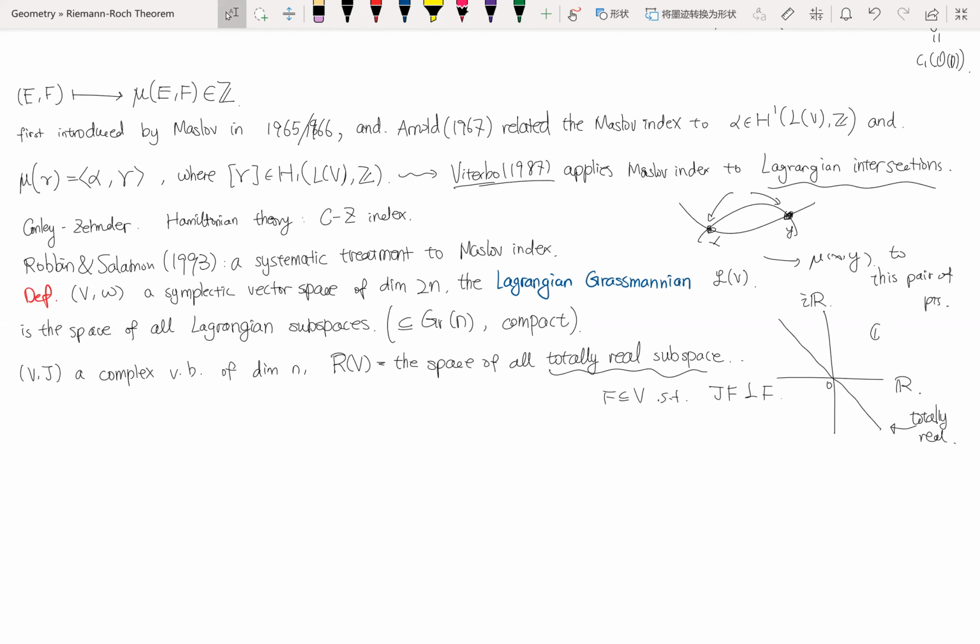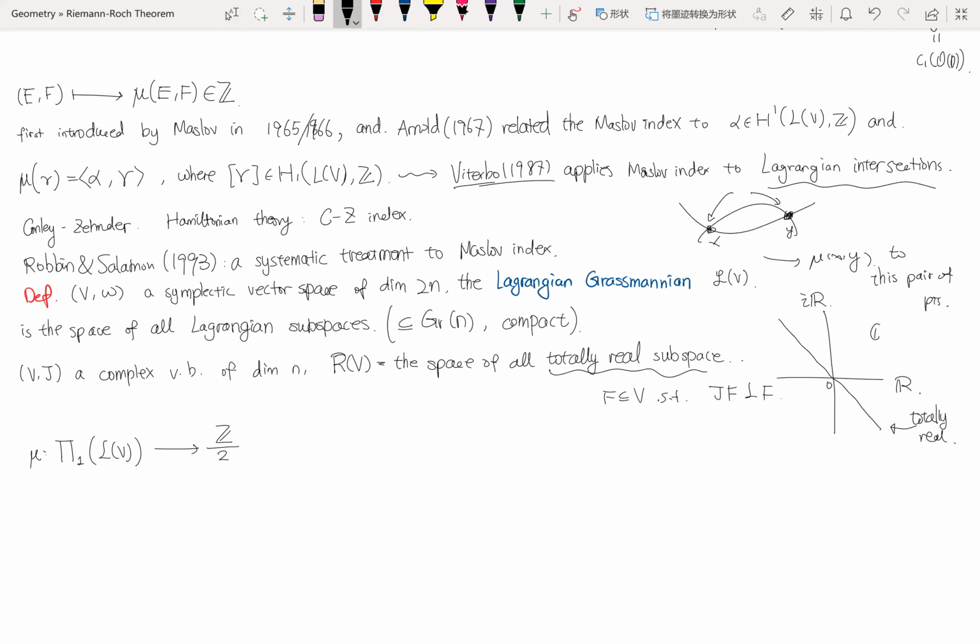So we want to define the Maslov index. Roughly speaking, the Maslov index mu is a map from the fundamental groupoid to the half integers.